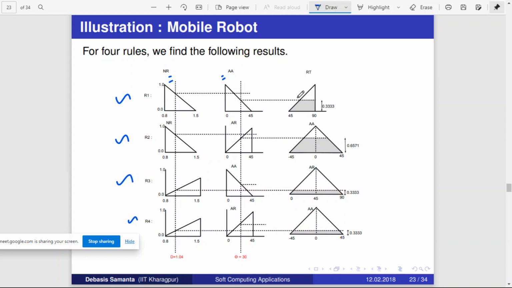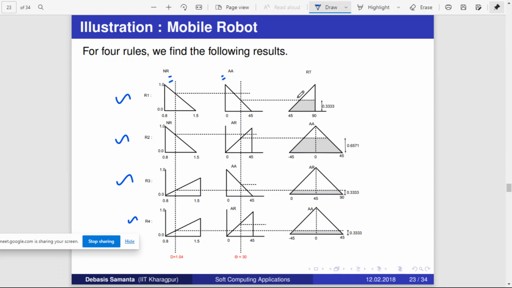In that case the robot will go ahead. The third case is far and ahead. In this case the robot will take ahead right. The fourth case is far and ahead right. In this case the robot will go ahead. So these are the inputs: d 1.04, theta 30 degree.